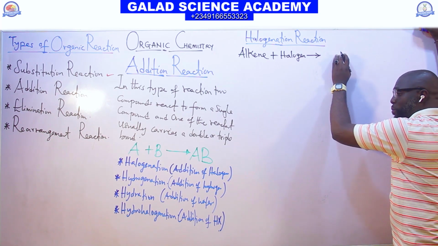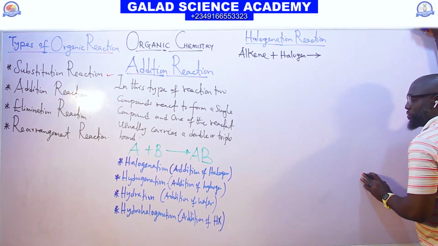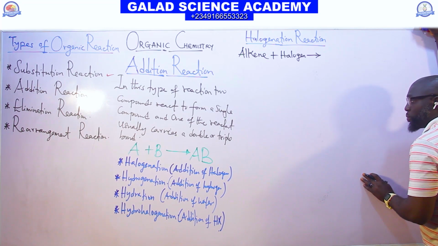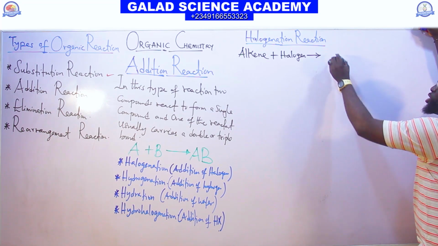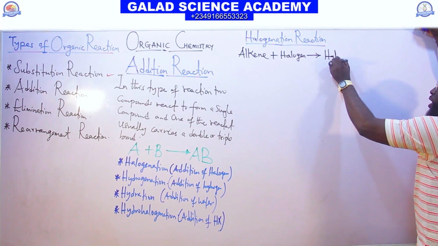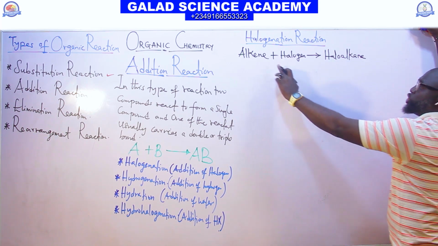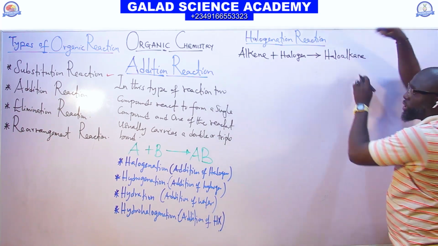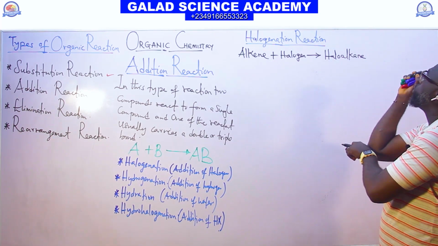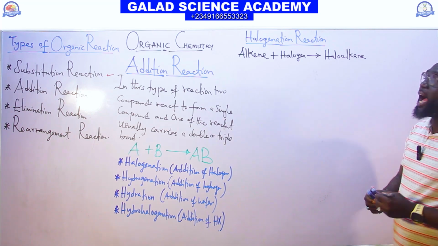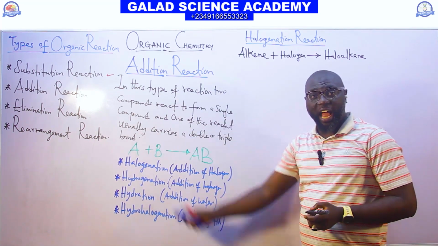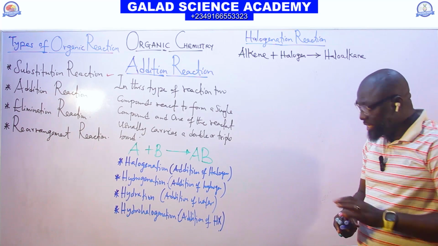The product formed here, don't deceive yourself, is called haloalkane. The double bond here changes to a single bond.